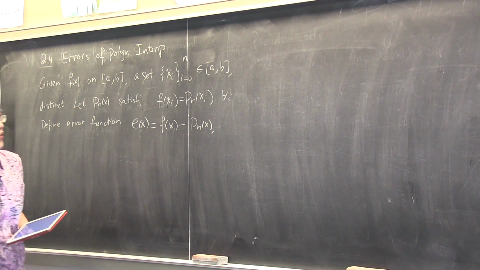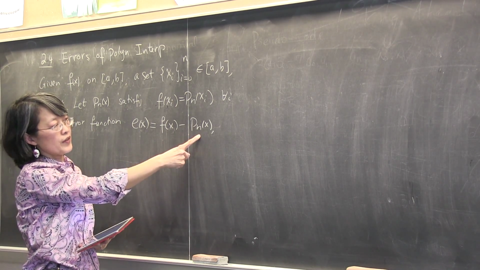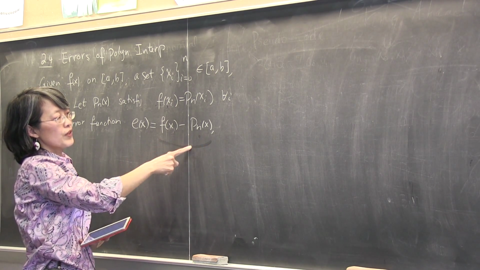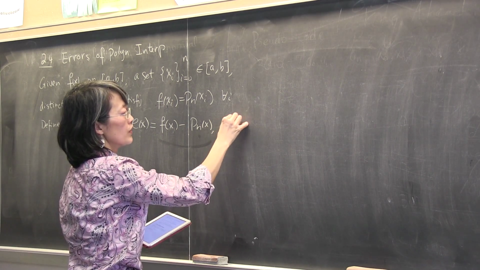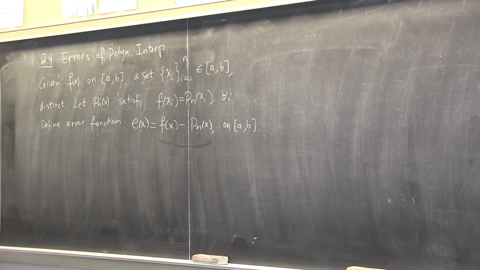Okay, so f is defined on the interval from a to b. The polynomial is defined for any x. Then this function is defined on the interval from a to b. Agree? Okay, and then I have the following theorem that tells me exactly how big the error is.